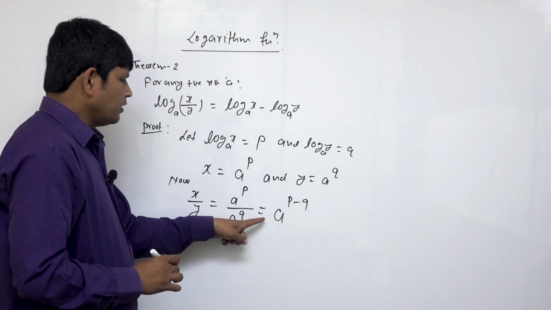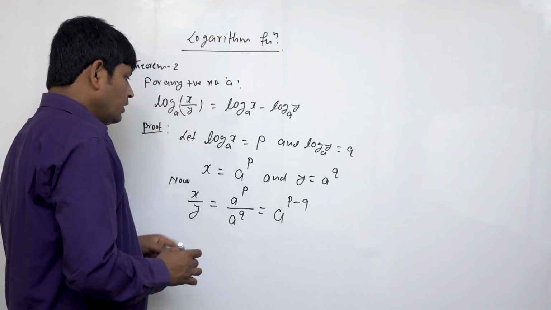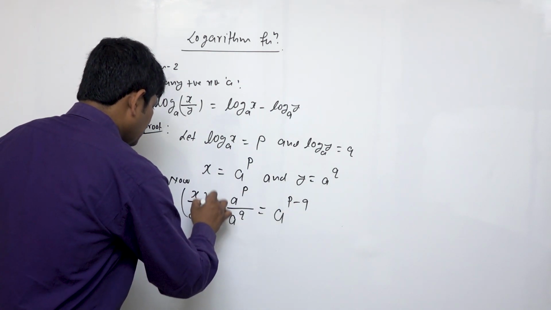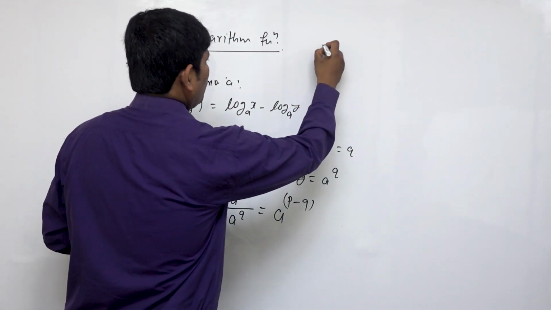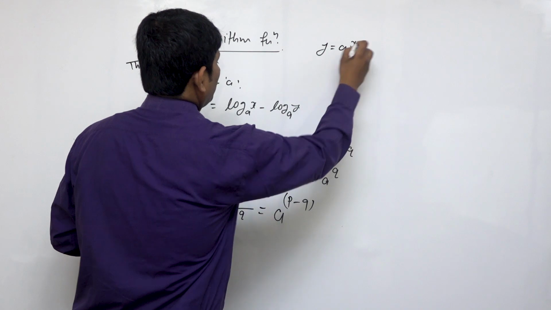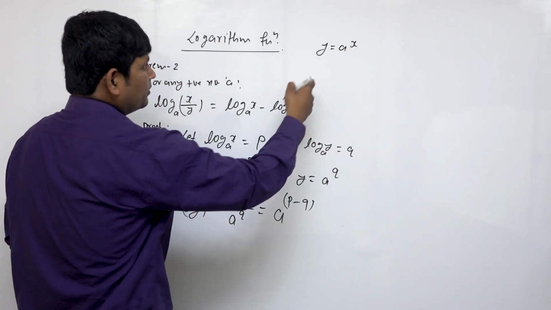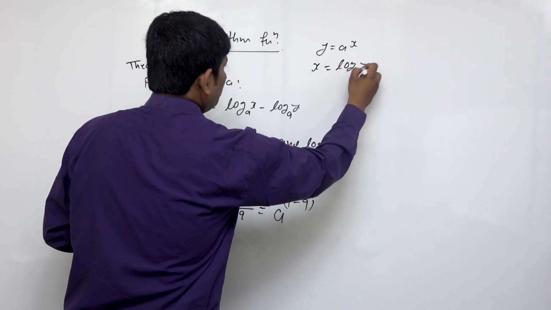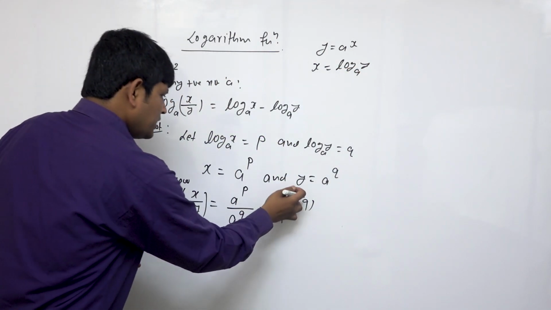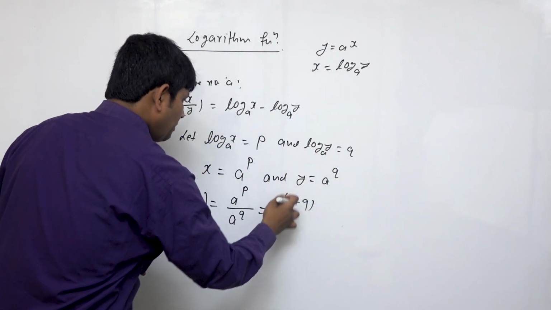So x over y is equal to a to the power p minus q. Now let's see once again: this is in the form y is equal to a to the power x. How to convert into the logarithm? x is equal to log of y to the base a. So p minus q is in the place of x.